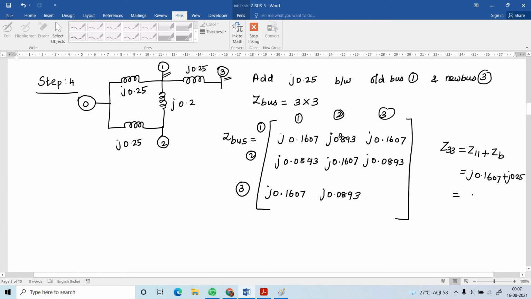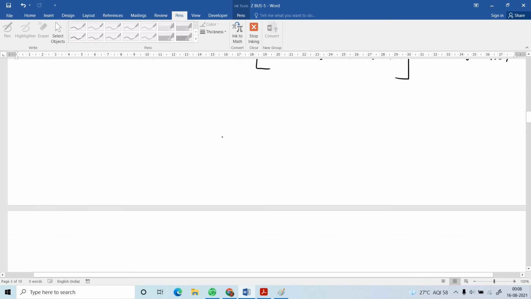Have to add both, I get the answer J0.4107. So this is the value of Z33. Have to substitute this, 0.4107.